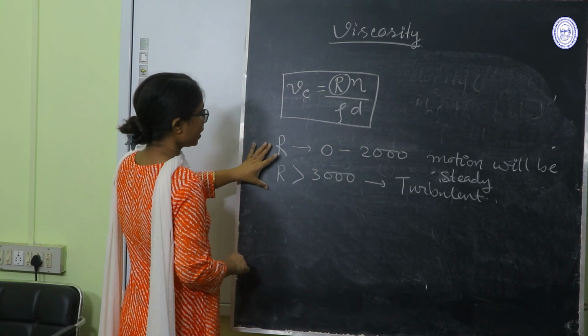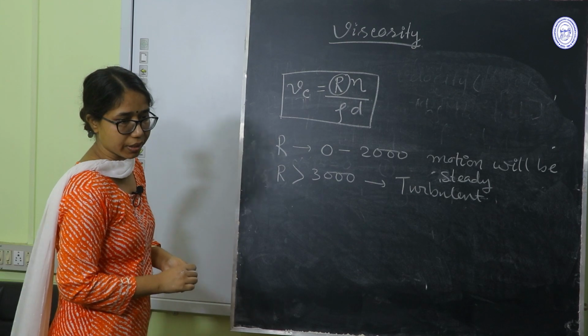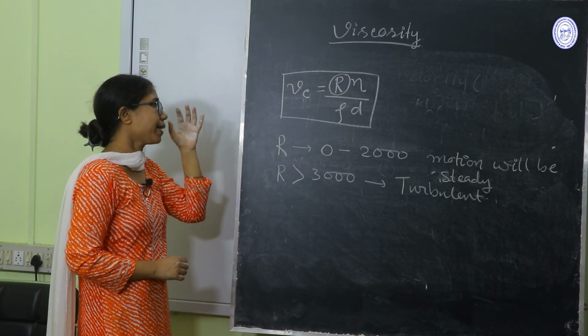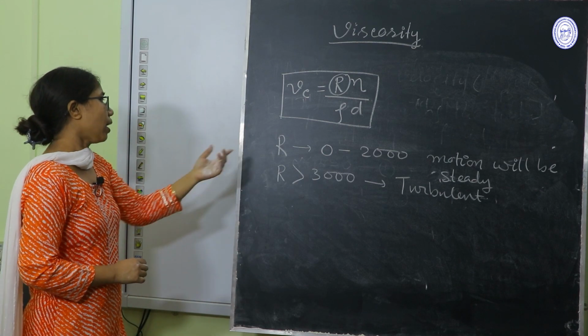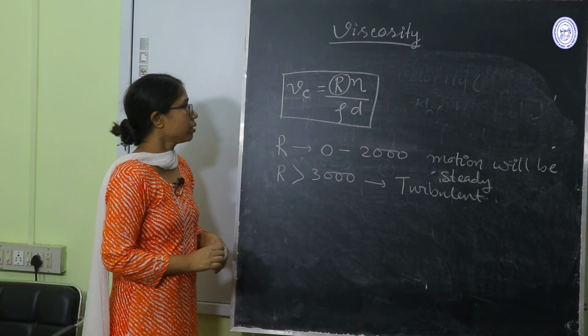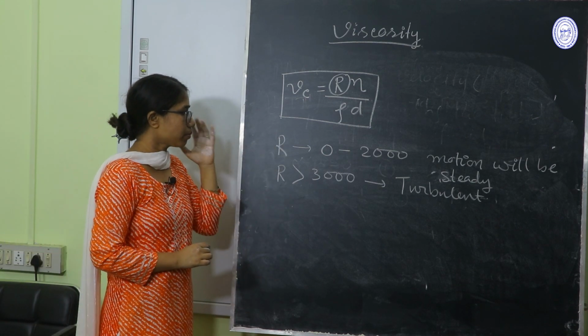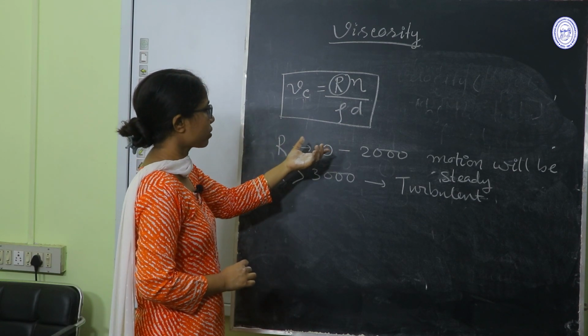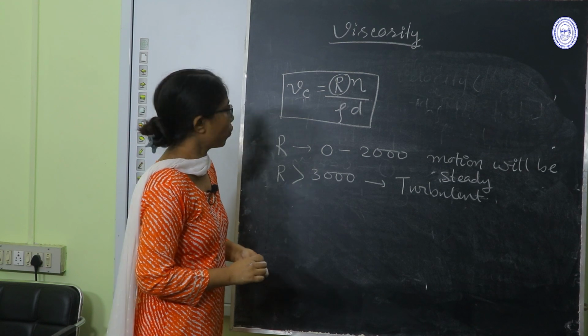So, this is a very important quantity. For water, a very low viscous fluid, R is 1000, and for very high viscous fluids it increases up to 2000 for streamlined flow.